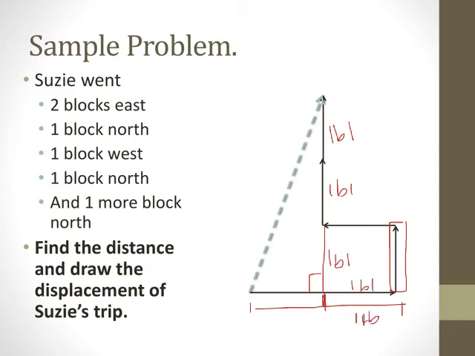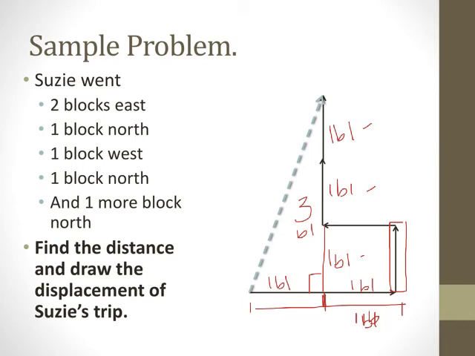So what's left is 1 block. Now that we have a triangle, which we know is 1, 2, 3 blocks high, so 3 blocks by 1 block, we have a right triangle.